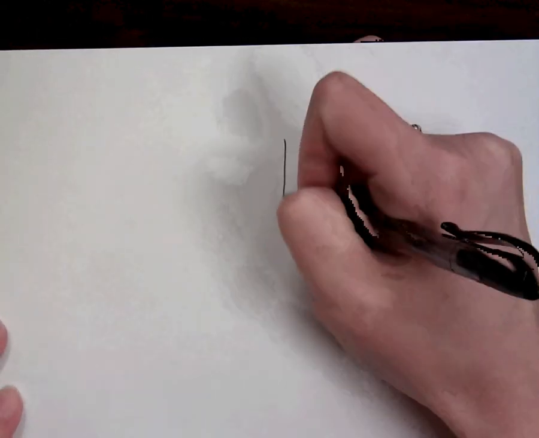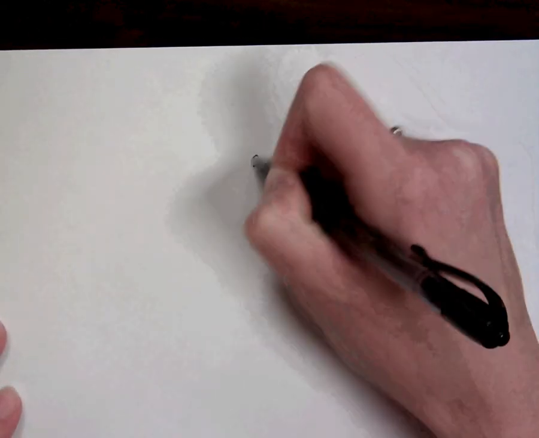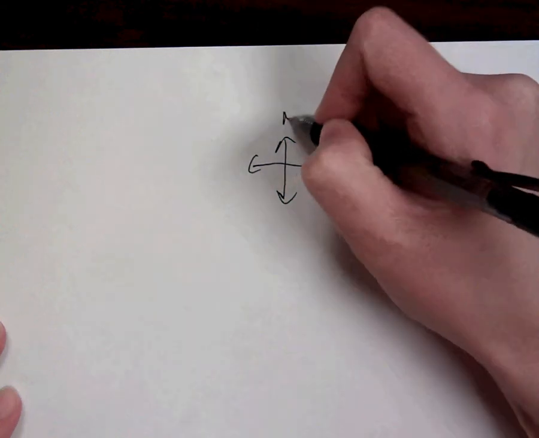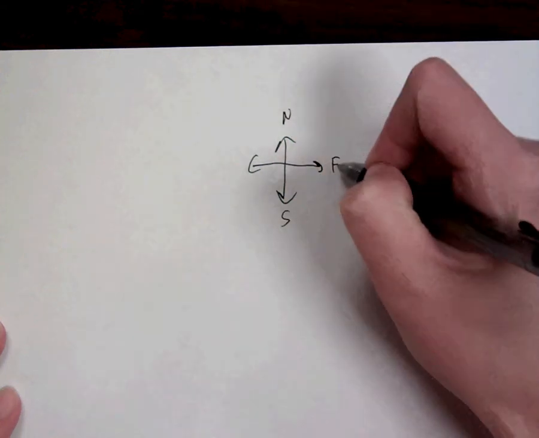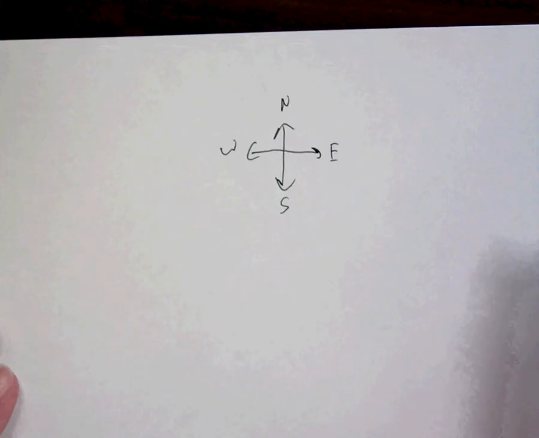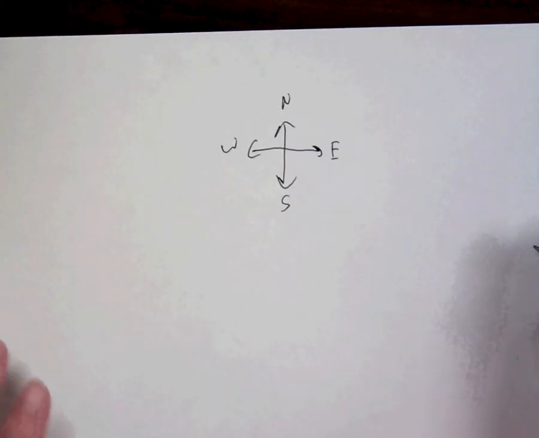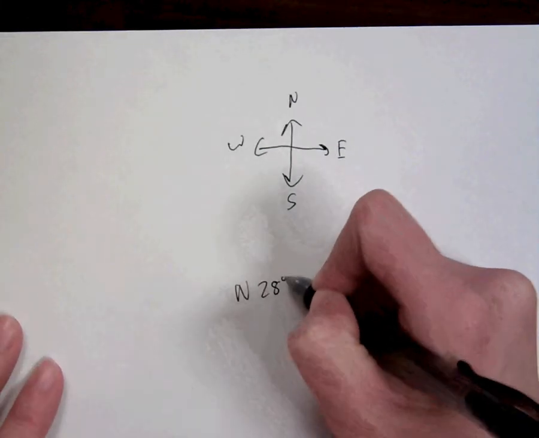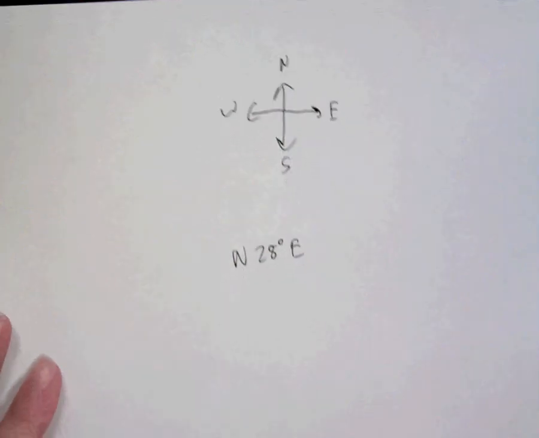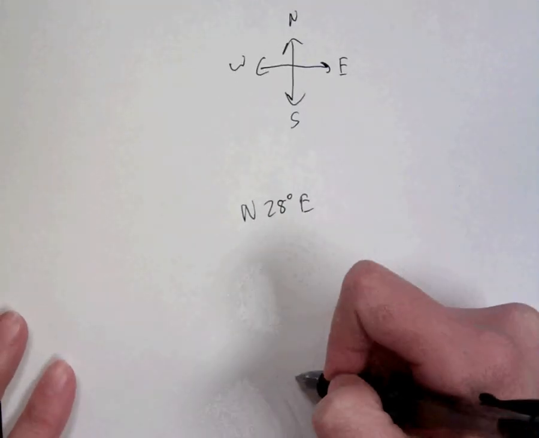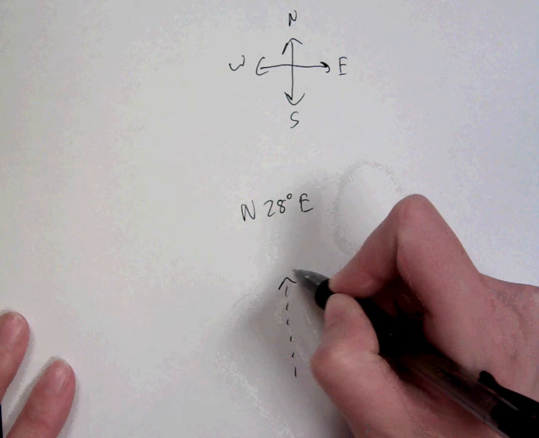So when we're talking about bearing, we're talking about directional stuff. Hopefully we know our directions, like on a compass, this is north, south, east, and west. If I say something like, we can use the actual problem, northeast 28 degrees, we're going to draw in a line of north, and you'll always see it as a dashed line.